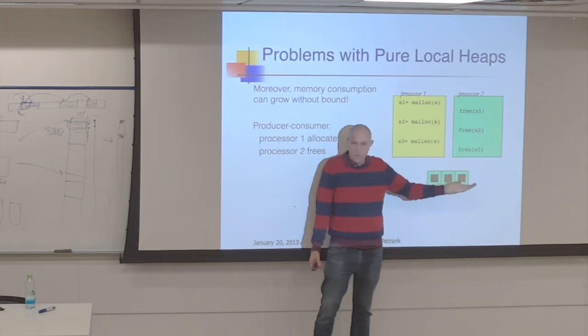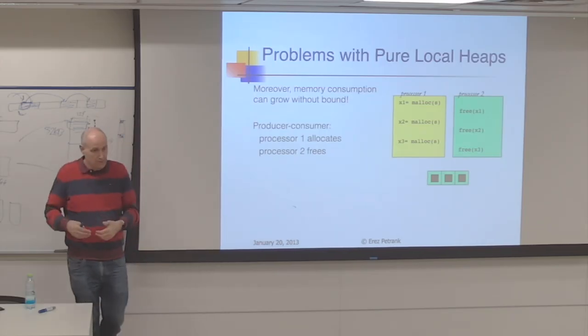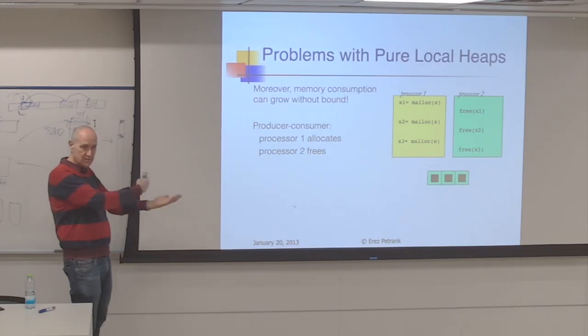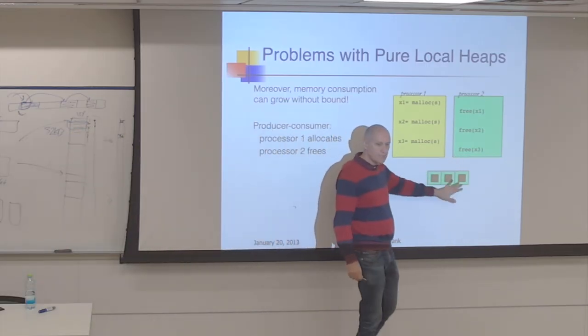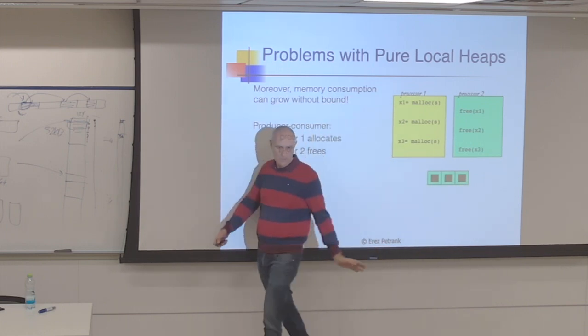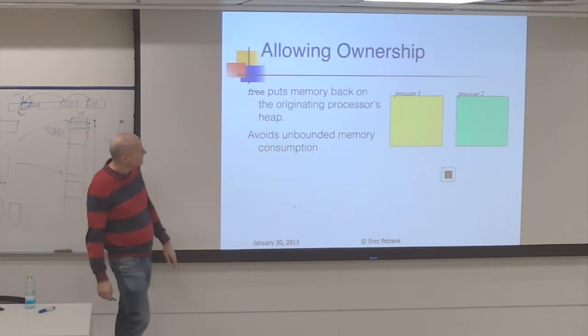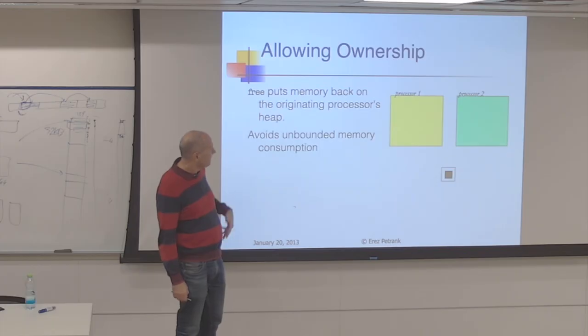I'll never reuse an object, because I'm allocating from my heap, but it's never freed to the same heap. It's always freed to another heap that doesn't need allocation. So I could go on forever allocating and freeing, and just my heap will be exhausted. Okay, so I need ownership, and like you said, it's not perfect, but it's good.